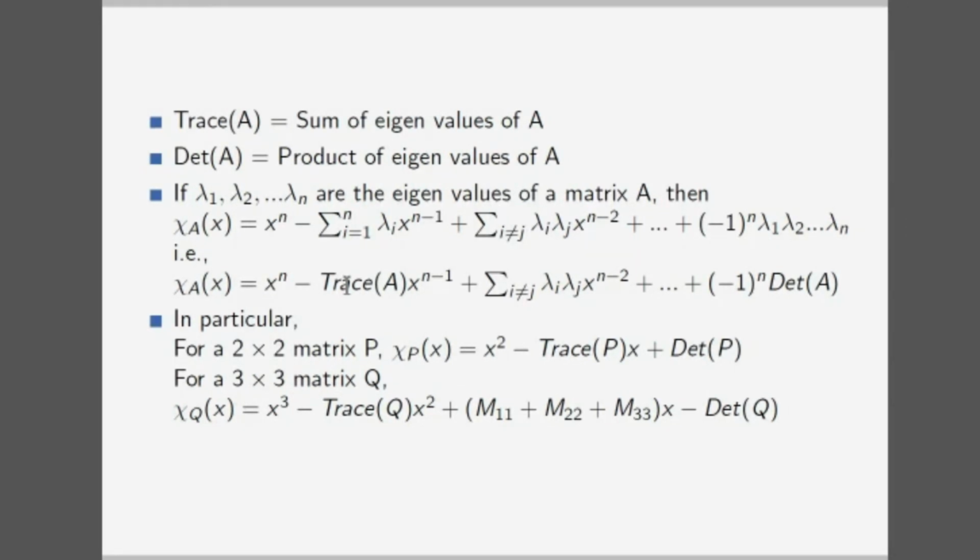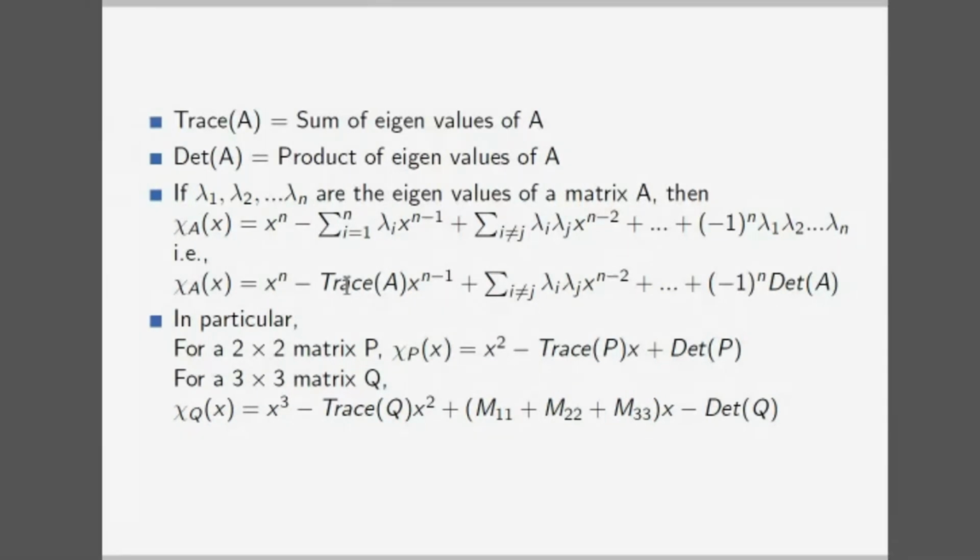First we take the sum of all the eigenvalues, the next term is the sum of products of eigenvalues taken 2 at a time, the next is the sum of products taken 3 at a time, increasing the number of eigenvalues each time. Finally, the last term is the product of all the eigenvalues.